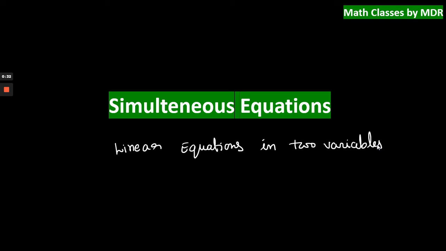We use generally two methods to solve simultaneous equations. One is known as the substitution method. The second method is known as the elimination method.